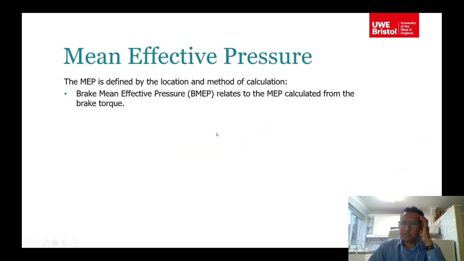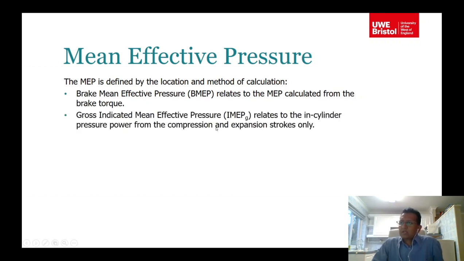So mean effective pressure is defined by the location and method of calculation. There is a brake mean effective pressure that relates to the brake torque. The brake torque means once you apply the brake. Gross indicated mean effective pressure tells you the mean effective pressure without friction.